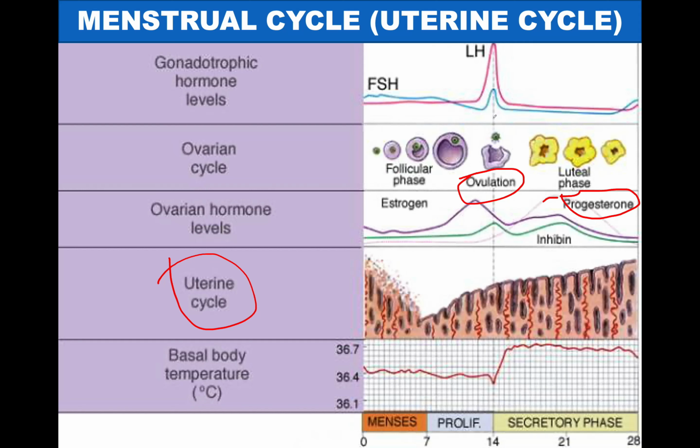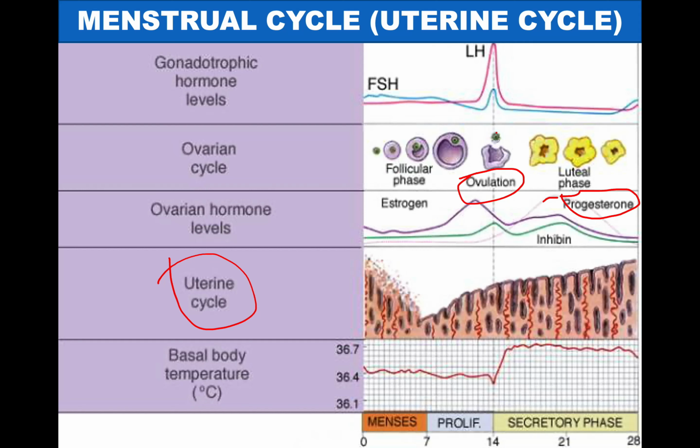Now, if this ovum is fertilized by a sperm, what happens? Yes, this corpus luteum will ensure that progesterone will be continuously secreted. And that will ensure that the embryo remains attached to the uterine wall. That is, it ensures that pregnancy is maintained.